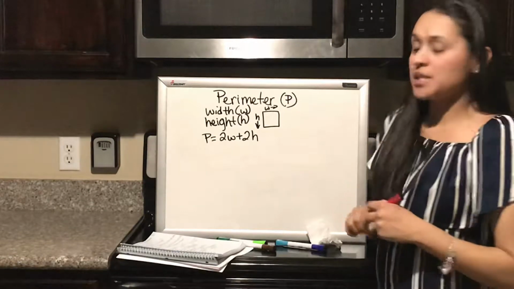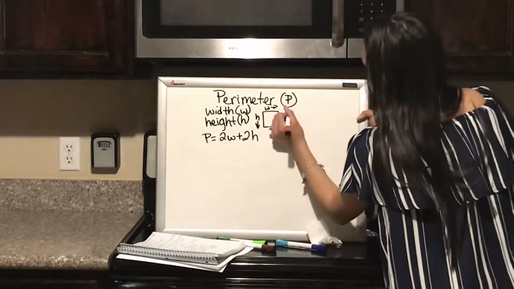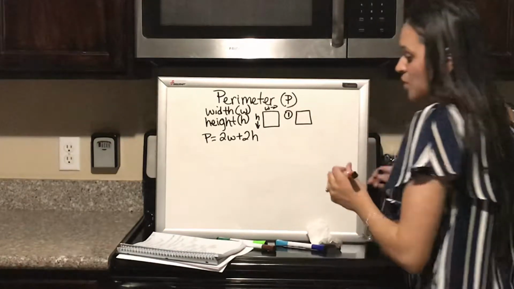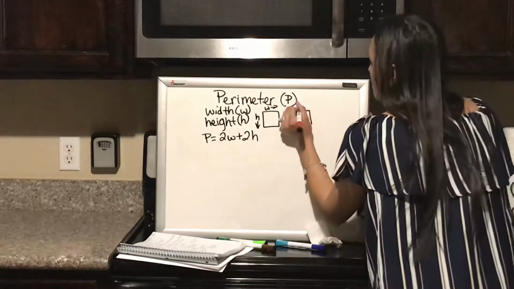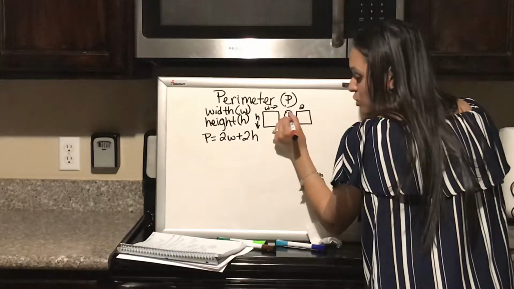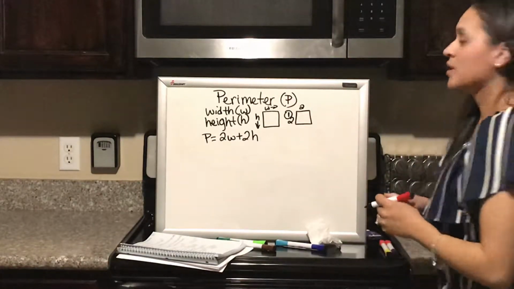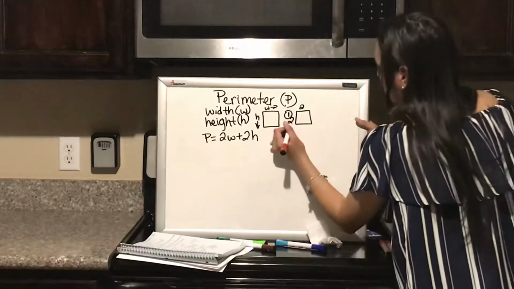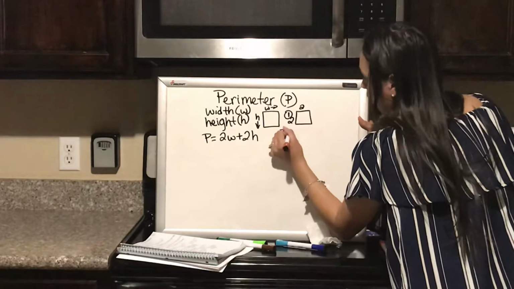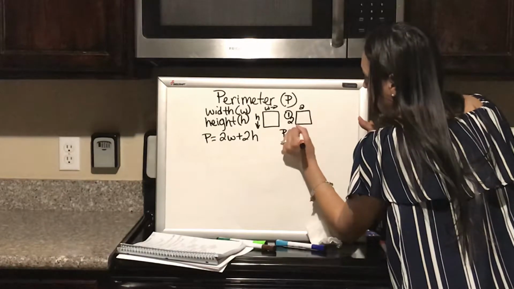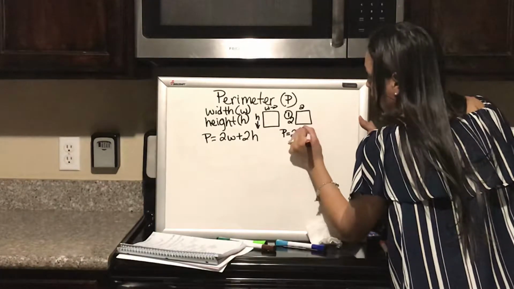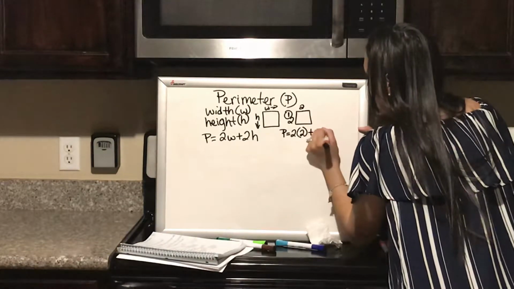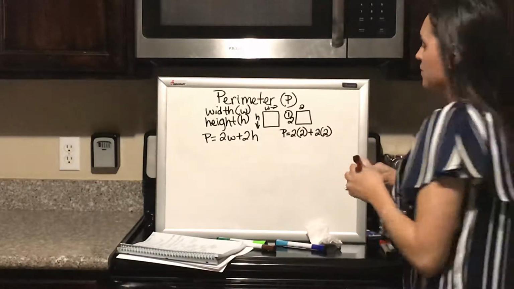Let's start our first example with the square. This square will be 2 units wide and 2 units tall. We can plug these measurements into our formula. So P equals 2 times 2, the width, and 2 times 2, the height.